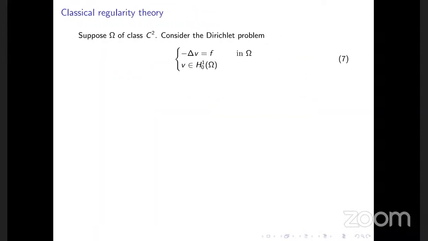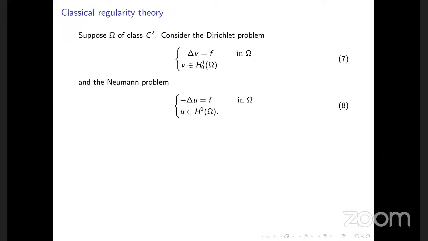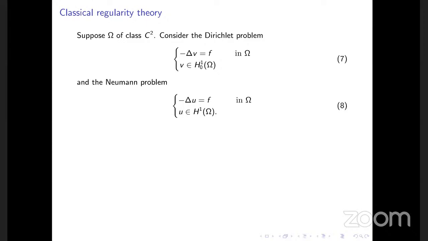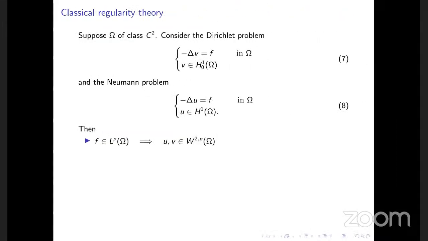So the classical regular theory. Let me just consider here the Dirichlet problem. So here, these are weak solutions. If I have variational solutions for both the Dirichlet and the Neumann problem, I can immediately obtain many interesting arguments. The first is that in fact I can have strong solutions.